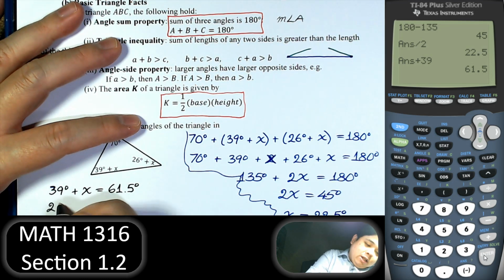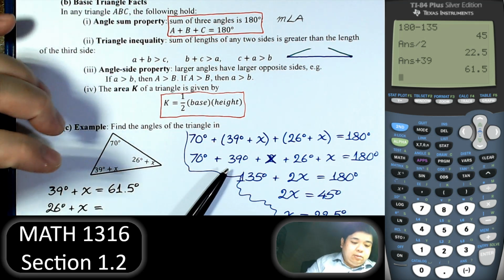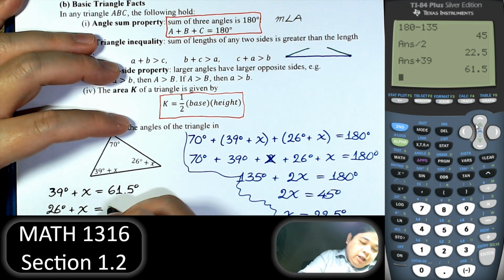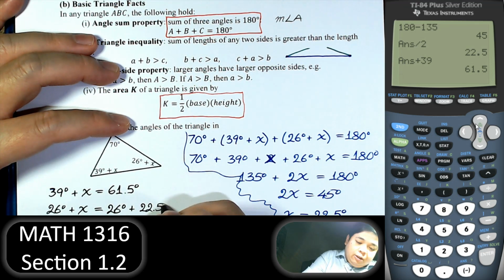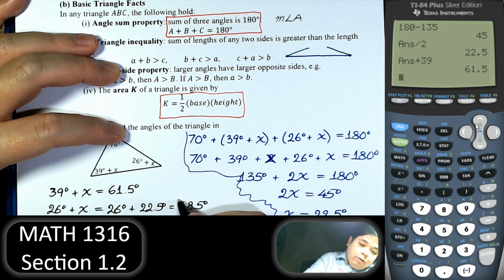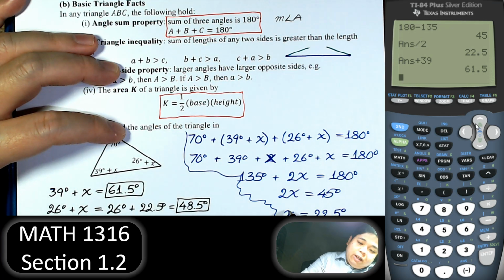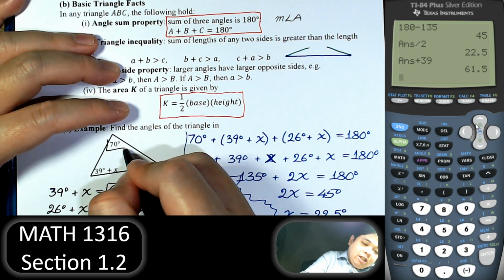And then 26 degrees plus x, 26 plus 22.5, is 48.5 degrees. So in this triangle we have 48.5, 61.5, and of course 70 degrees.